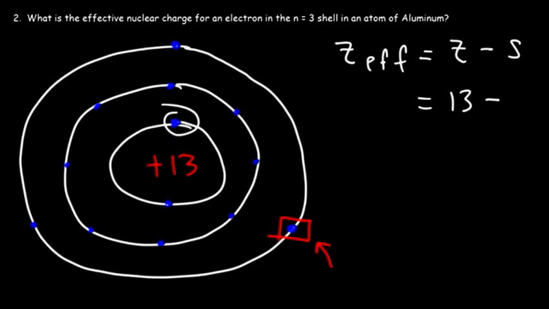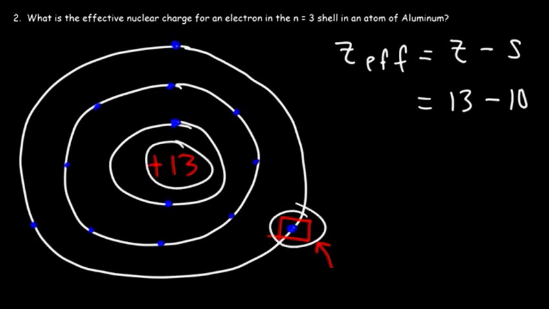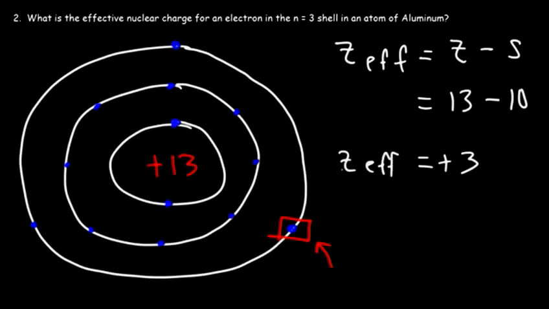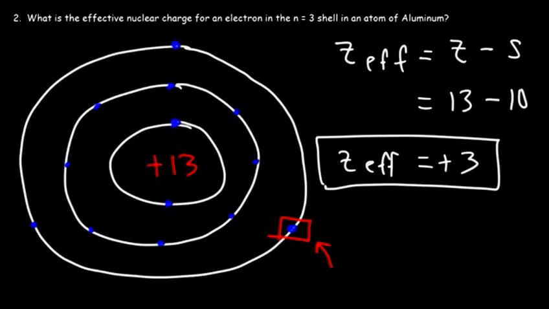We have 2 in the first shell, 8 in the second shell, so we have a total of 10 electrons that exist between the nucleus and this one. So there's 10 inner shell electrons. So it's going to be 13 minus 10, which is 3. So that is the effective nuclear charge for an outermost electron in aluminum in the n equals 3 shell.